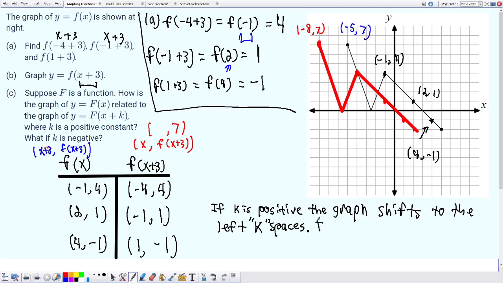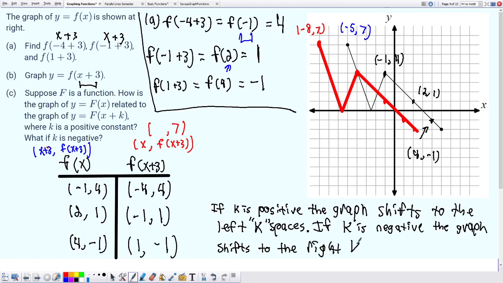If k is negative, it's going to do just the opposite. If k is negative, the graph shifts to the right k spaces.